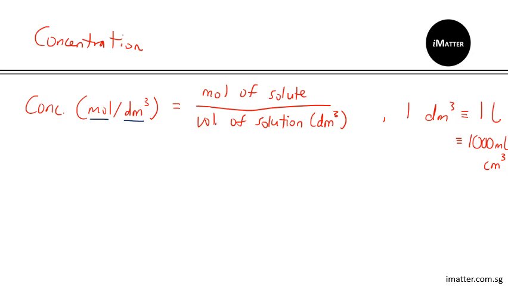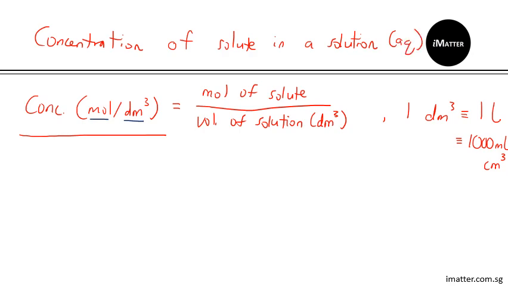So, right, that would be the first formula that you ought to know whenever you talk about solution. Well, let me just emphasize that this is referring to concentration of solute in a solution. And for O-level purposes, your solution is typically an aqueous one.